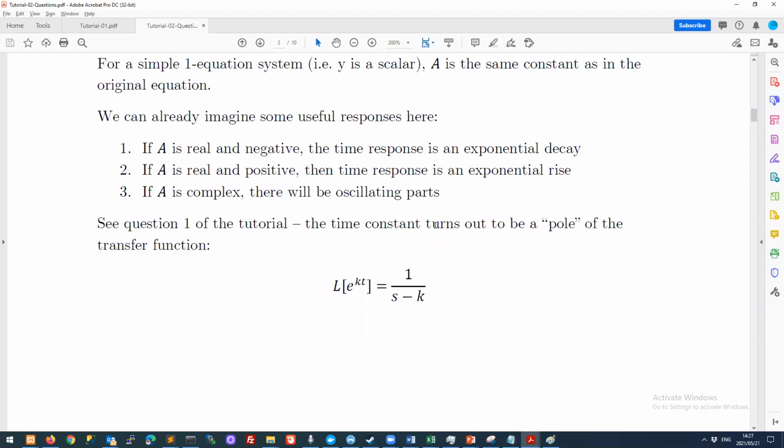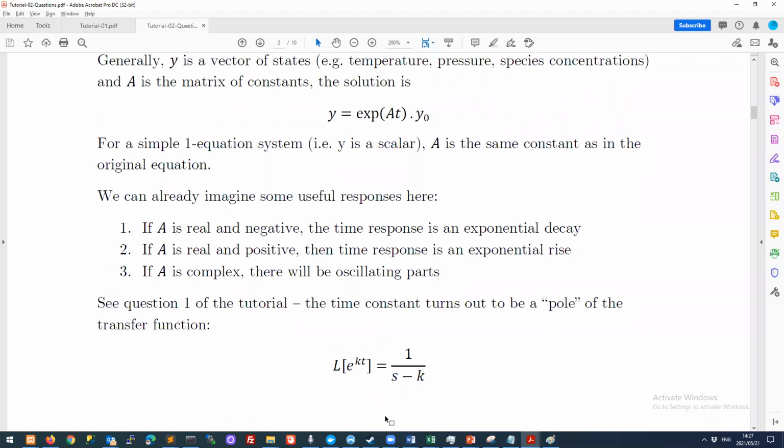Okay. Now, we'll come back to this comment. So you can see an exponential function in here, and there's this constant a that we'd like to know about. We did also see last time the Laplace transform of the exponential function. If you take e to the kt and Laplace transform it, you get 1 over s minus k.